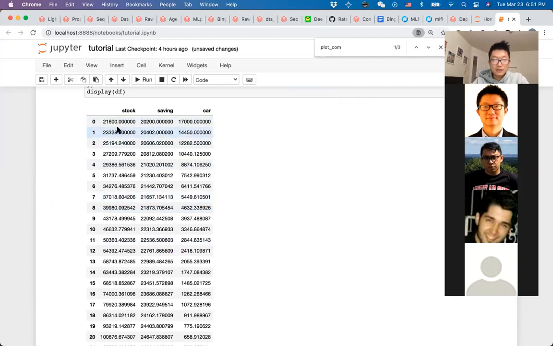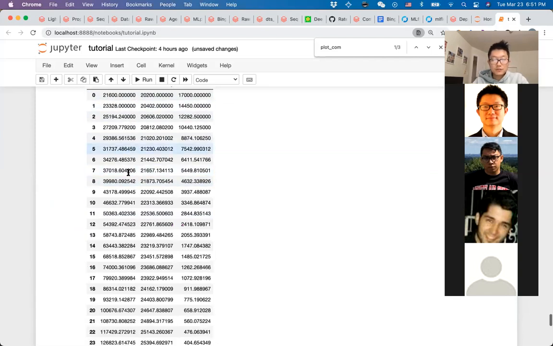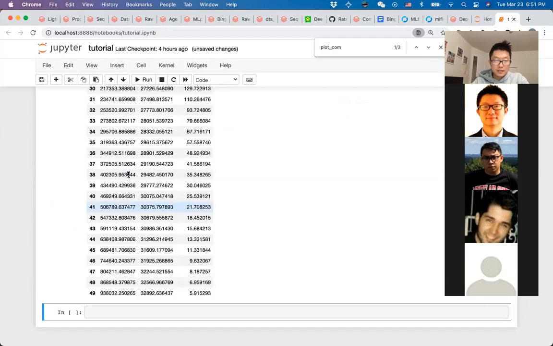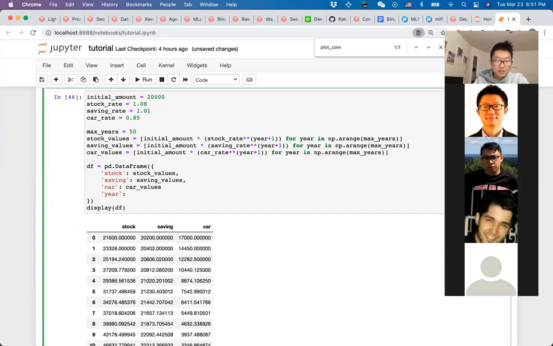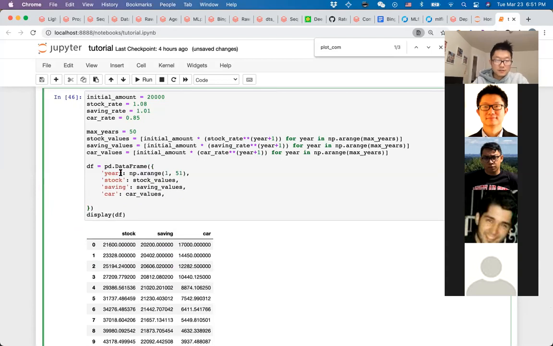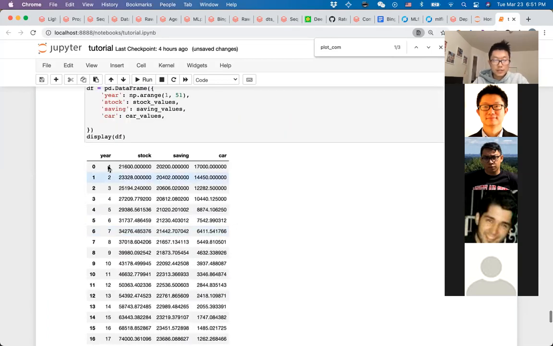This is the value that you're going to have after a certain number of years. Let me append the year column, the arange, and put year in the first place. Okay, this is what the data frame should look like.